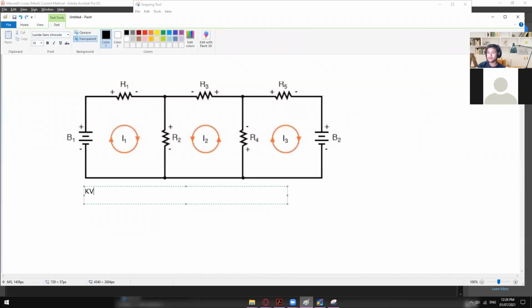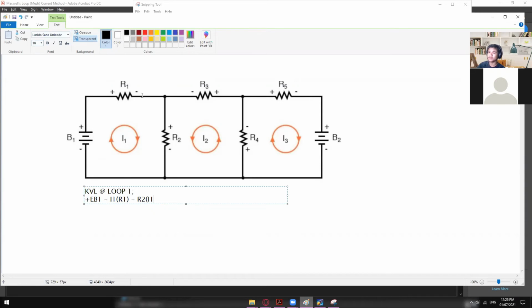So KVL at loop 1. It will give you positive EB1, since I'm using the outer sign, and then negative I1 times R1. And then right here we're going to use negative R2 times I1 first, so it's always positive. There's no way that this will become negative. The only one that will be indicated as positive or negative is the second loop right here.